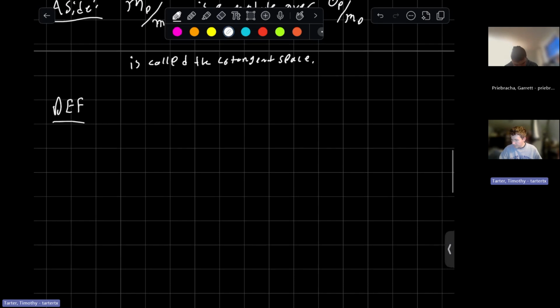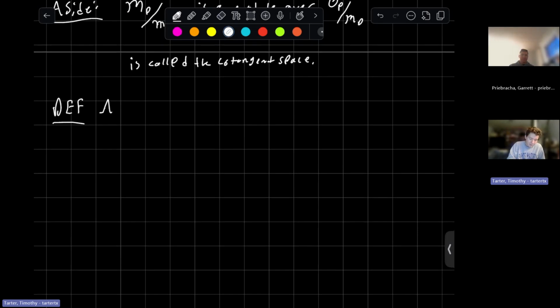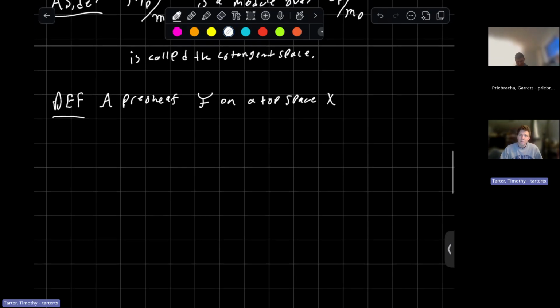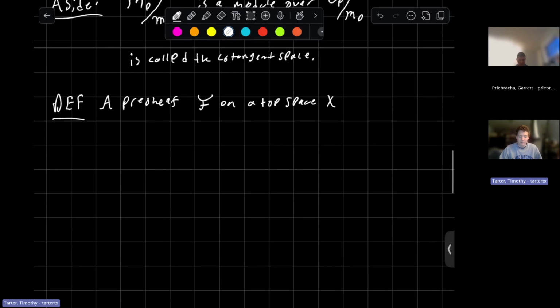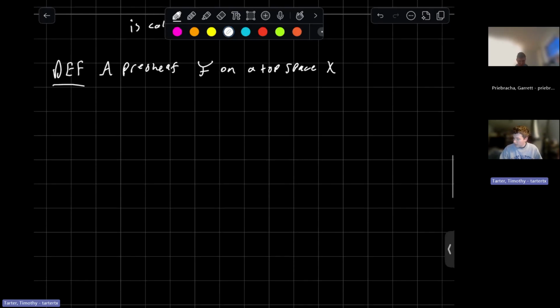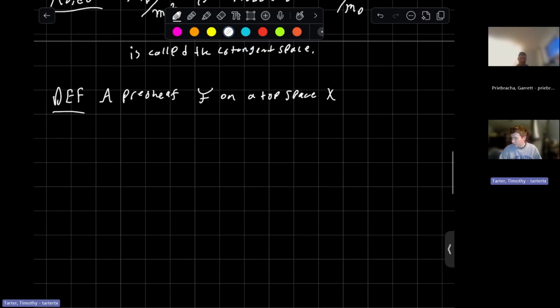So a pre-sheaf script F on a topological space X, and again, I do wonder if there is an alternative way to define this where it doesn't require an induced topology, is the following data.